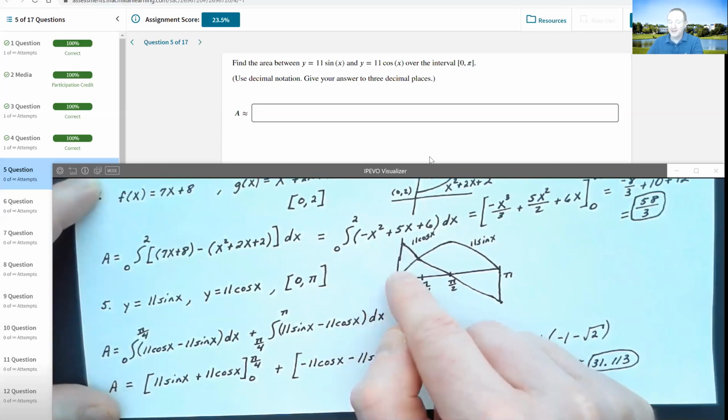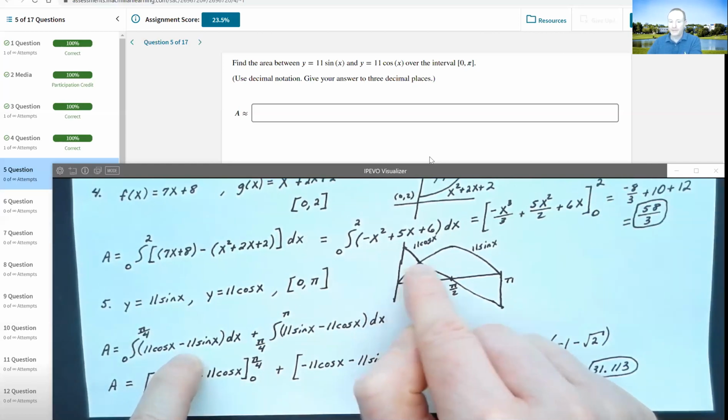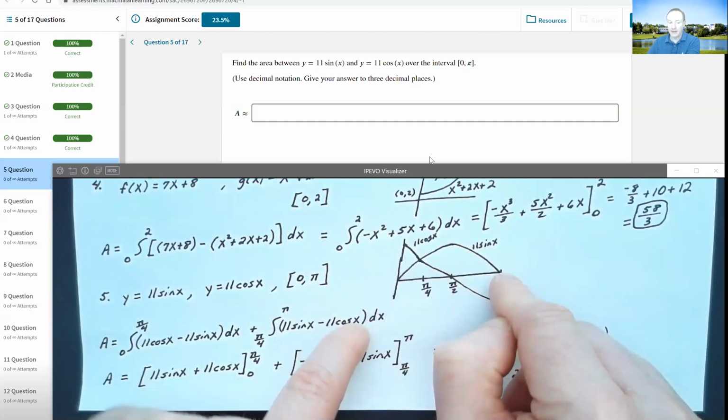So if I want to find the area enclosed between these two curves, well, from 0 to pi over 4, it's the 11 cosine x minus the 11 sine x. You'll see that's what I did here. From pi over 4 to pi, your top function is the sine, the bottom is the cosine. So we had to set it up in that manner.